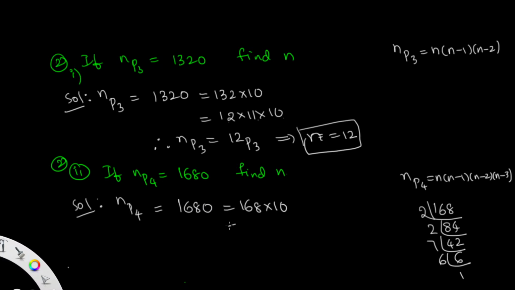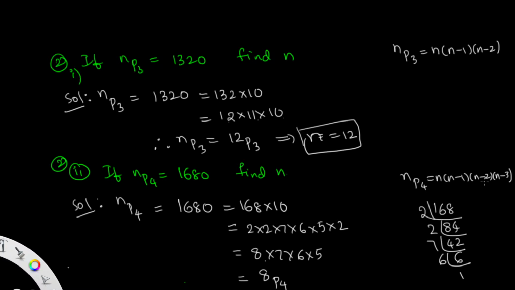So 168 can be written as 2 into 2 into 7 into 6, whereas 10 is 5 into 2. Observing the terms, 7, 6, 5 are there, and 2 into 2 into 2 is 8. So 8 into 7 into 6 into 5, which is nP4, because consecutive numbers are there. We can write this as 8P4 in simplified form.